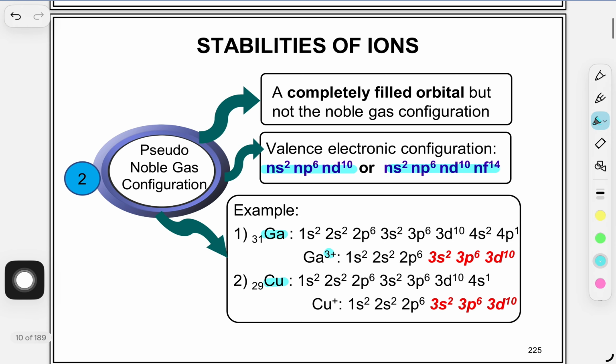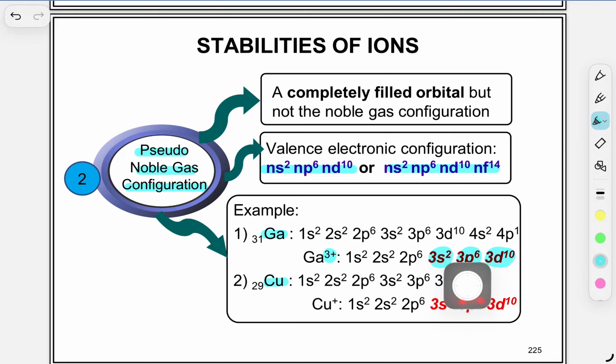So when ions are formed, the d orbital is fully filled along with the p and s. So when you have a fully filled orbital, but it's not the same as noble gas configuration, we still have to classify it somewhere, right? So that would be pseudo noble gas configuration stability.